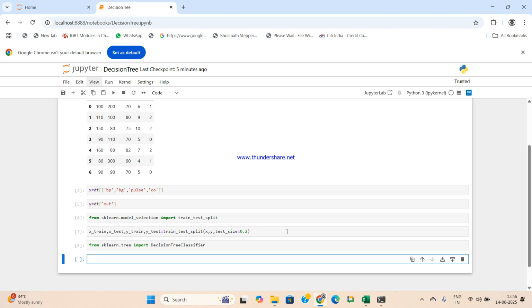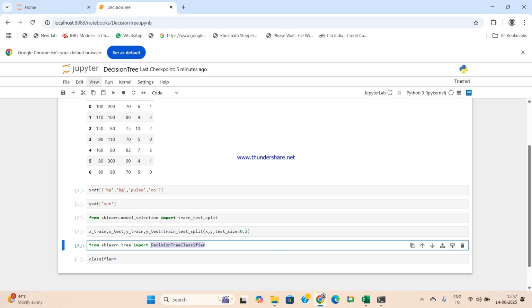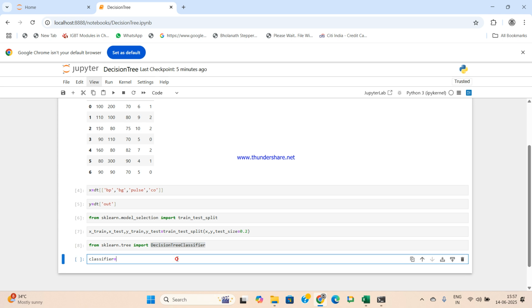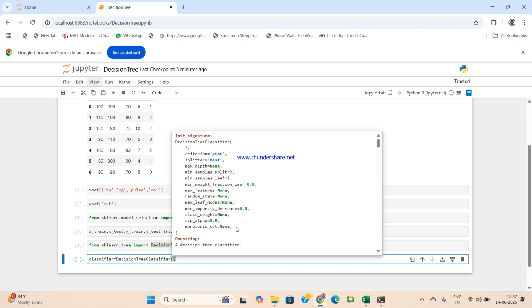Now we have to define one variable, say classifier, equal to my DecisionTreeClassifier, then I have to pass the argument. Let us see what the argument is inside. I'll only put the criterion.